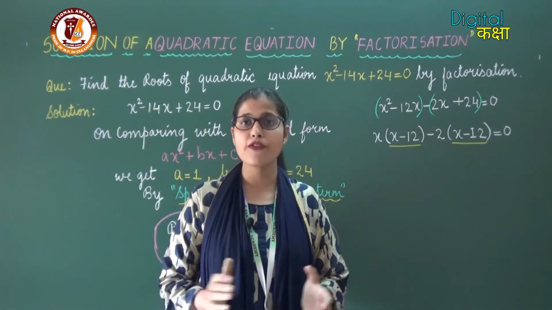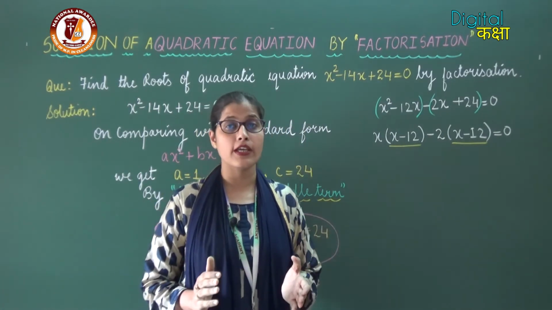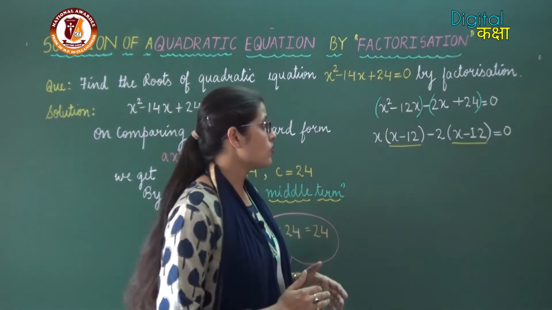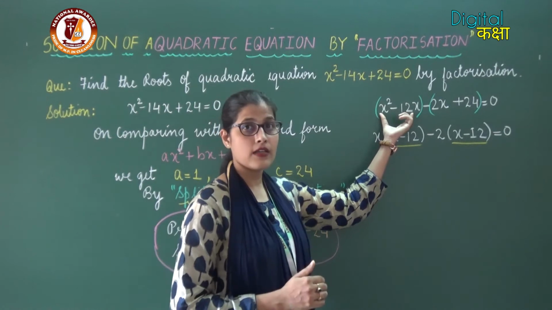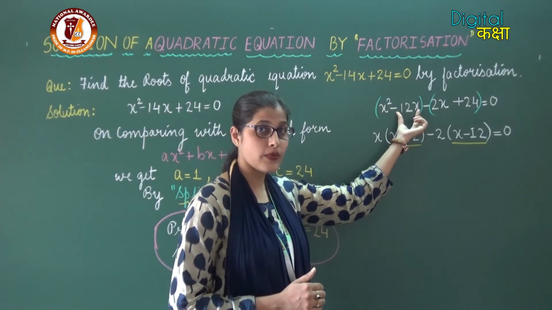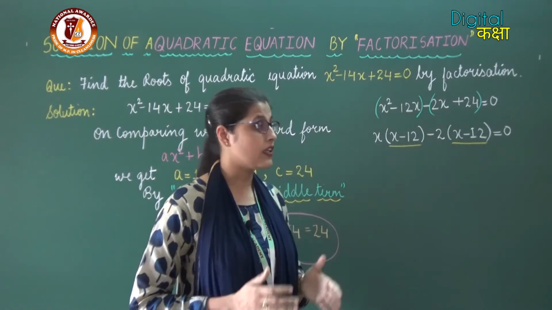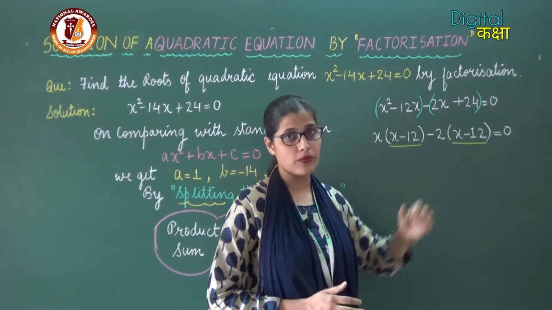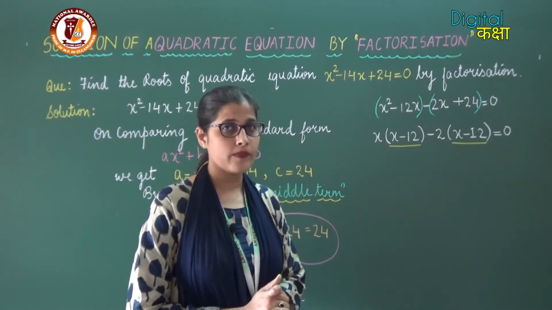Now, for simplifying it, I will be making groups of two terms. So, the first two terms are x square minus 12x, and the last two terms are minus 2x and plus 24. Let us group them.